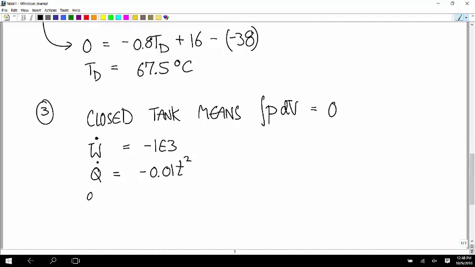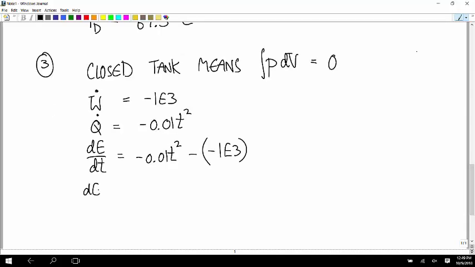And the first law of thermodynamics says dE/dt is equal to negative 0.01 T squared minus negative 1,000. So dE/dt is equal to negative 0.01 T squared plus 1,000.